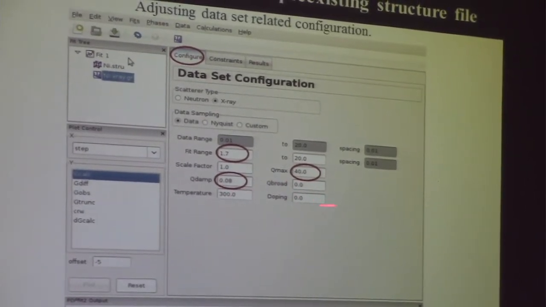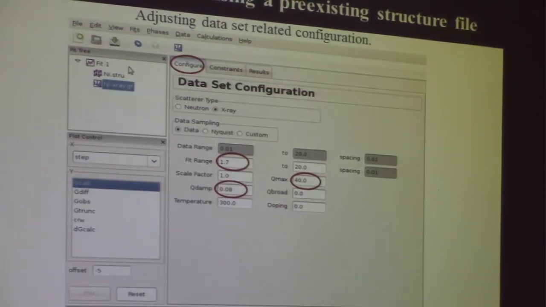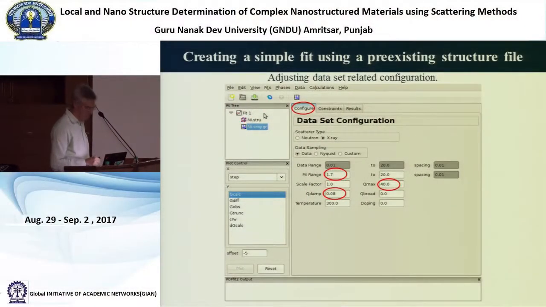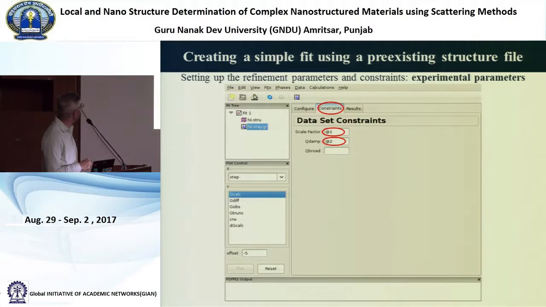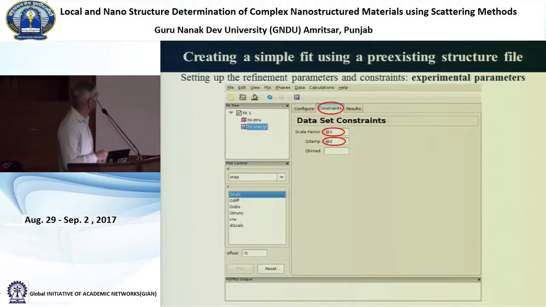Temperature and doping we're not going to talk about yet, but these are not refinable. So the only parameters in here that I might want to vary are the scale factor, Qmax, and Qdamp and Qbroad. So if I click over to the Constraint tab, it has scale factor, Qdamp, and Qbroad. Oh, did I say Qmax? Qmax is not one. So these are parameters here.